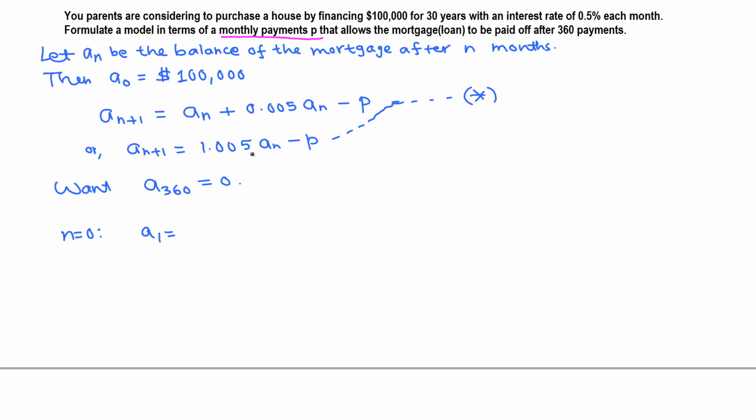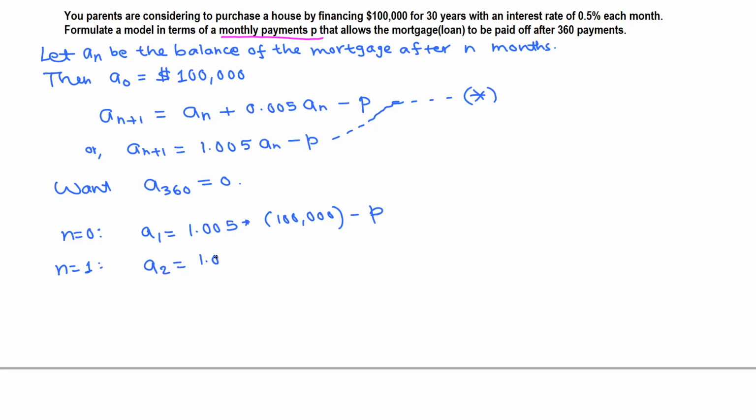Let's work on this, it's easier. So A_1 is 1.005 times A_0, which is 100,000, minus P. Now let's take n equals 1 here, then this becomes A_2.